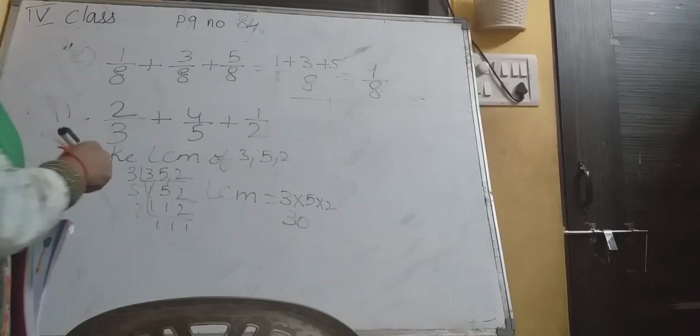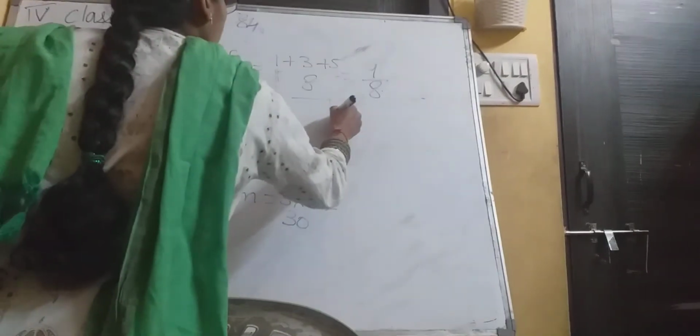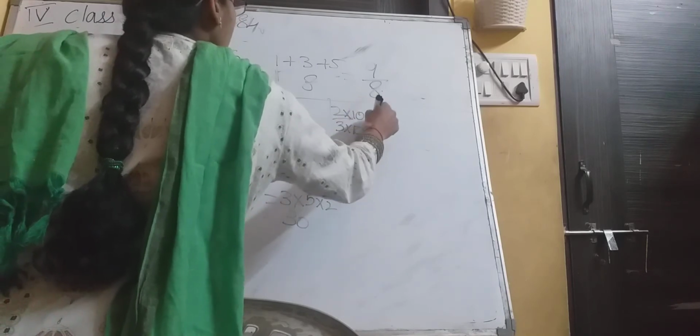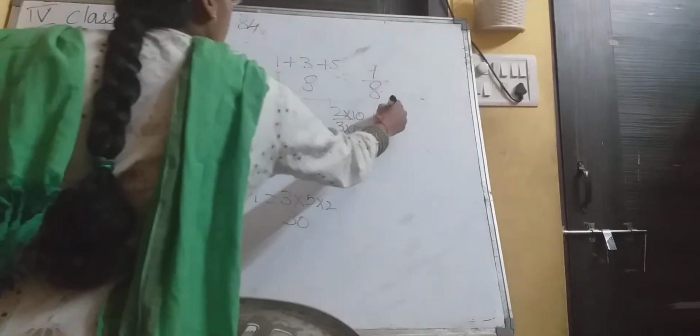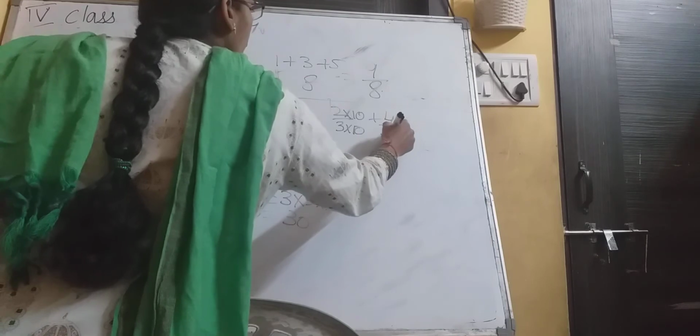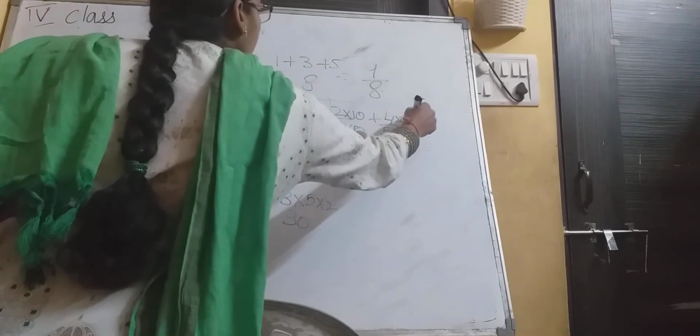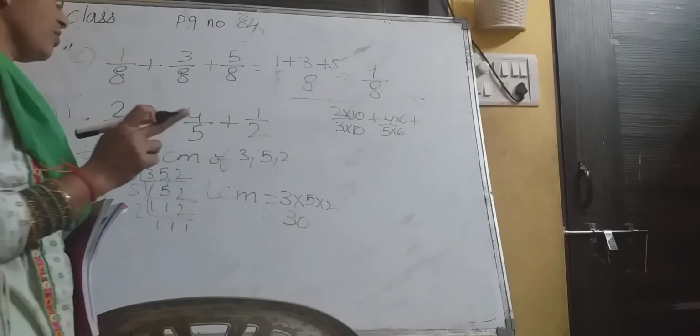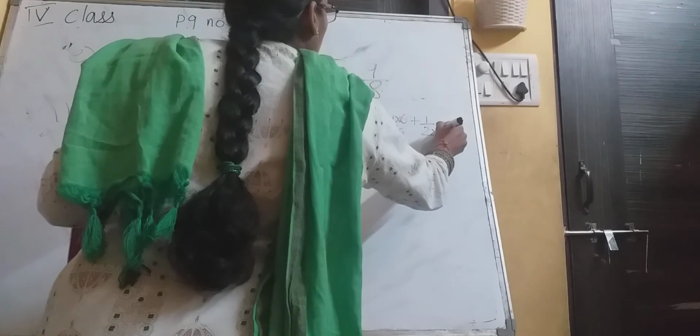Now, make denominators equal. 2 by 3 into 10 plus 4 by 5 into 6. Because we have to get 30 as denominator, for that sake I am multiplying it with 6. Now, 1 by 2 into 15.